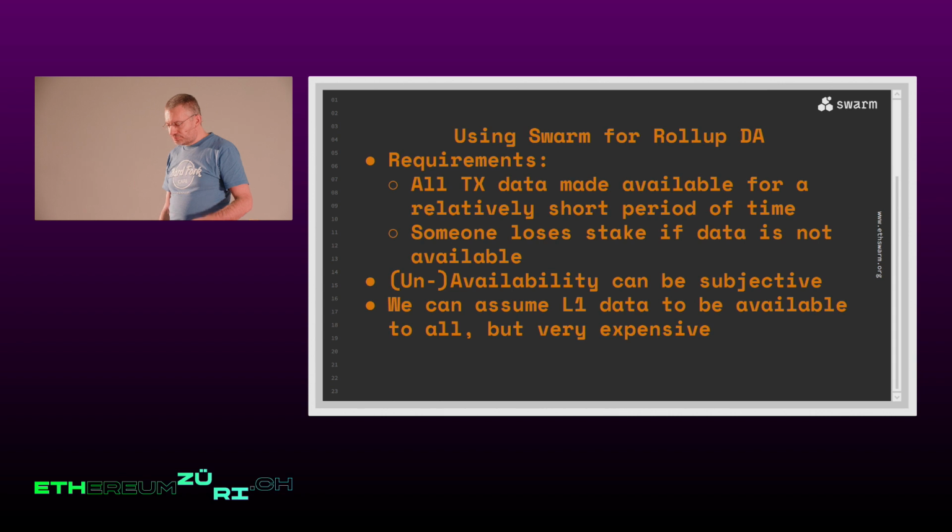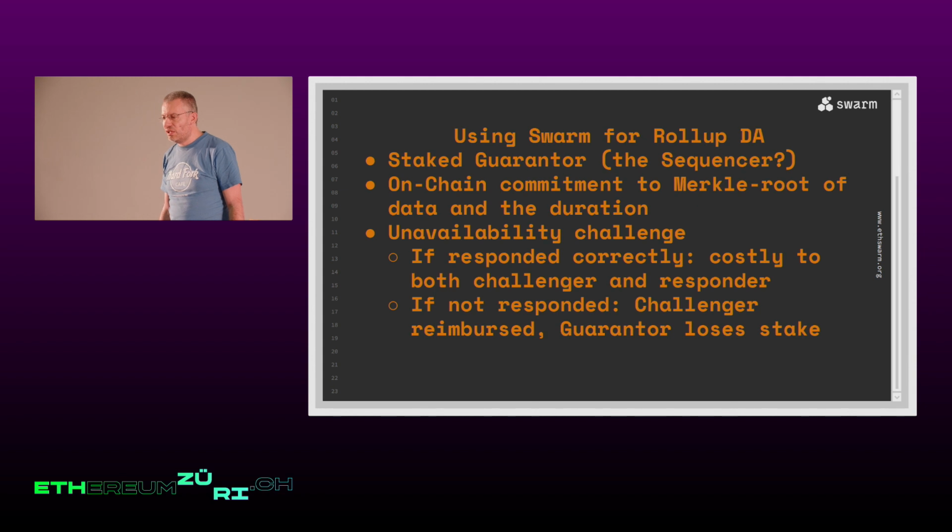And in order to provide some kind of guarantee of availability, instead of the statistical guarantee, you can provide an economic guarantee that there's some state guarantor, which can be the sequencer of the rollup themselves. So they have a stake, and they have an on-chain commitment to the Merkle root of the transaction data in this case, and the duration for which they are making it available.